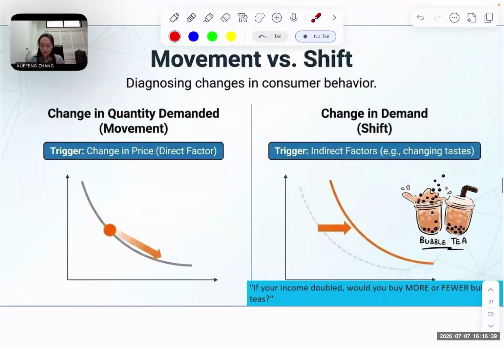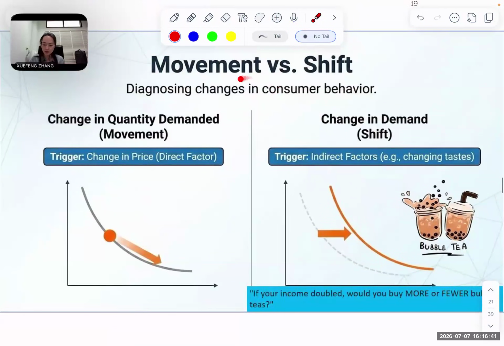Here is the picture that I want to show you. Let's see. The left side, change in quantity demanded. We also call it movement. We have the same curve. You just move along it. So what is the trigger?